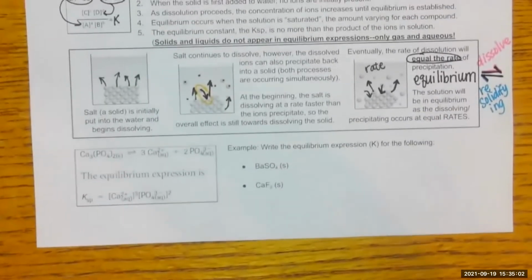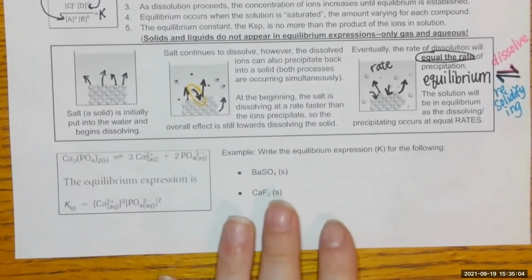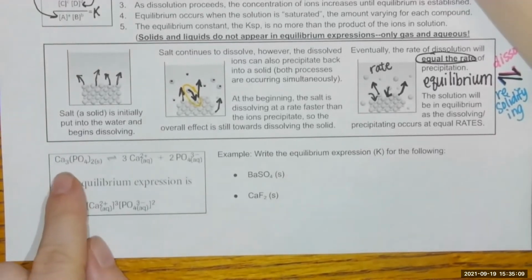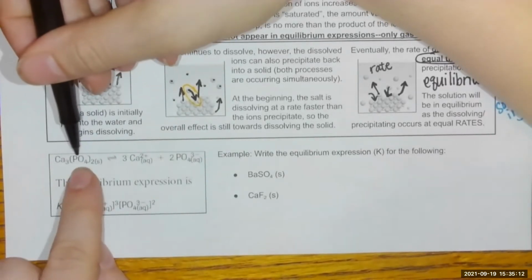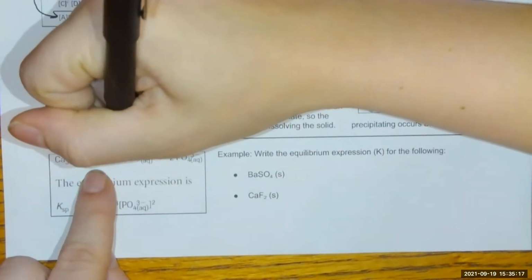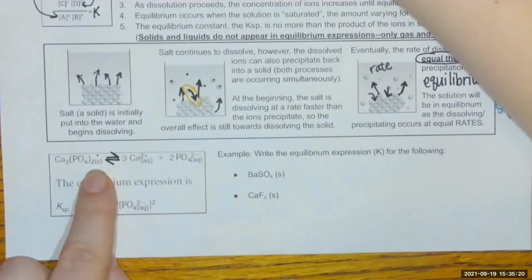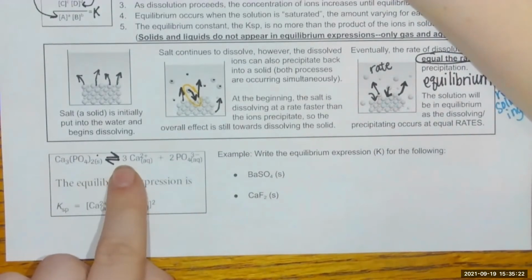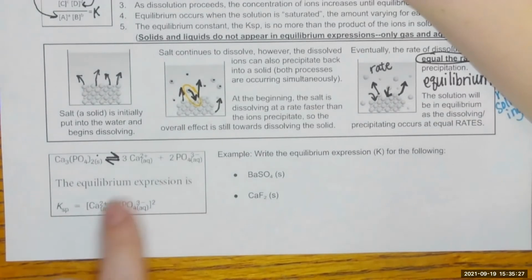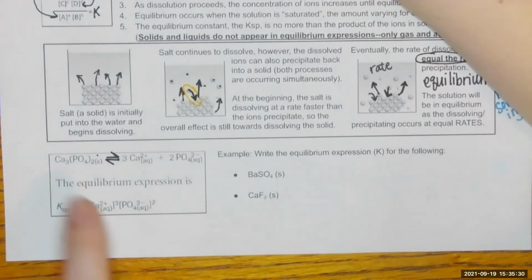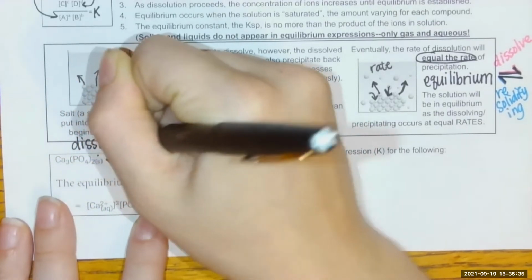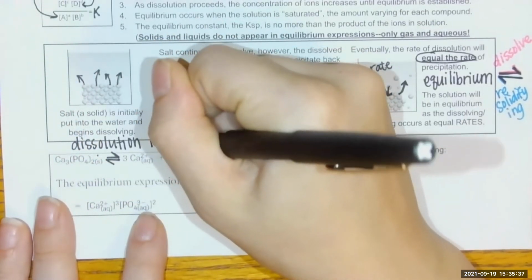So let's do it for some real examples here. I don't like using conceptual examples for too long because then we don't actually get any real science done. But here's a reaction. Calcium phosphate solid in equilibrium with 3 calciums and 2 phosphates, aqueous, aqueous. This is showing a dissolution reaction.